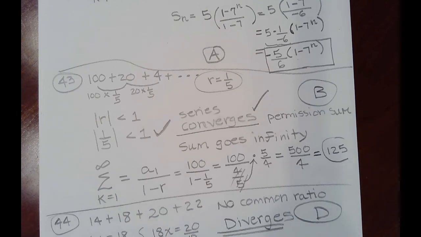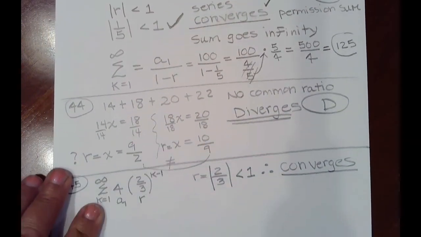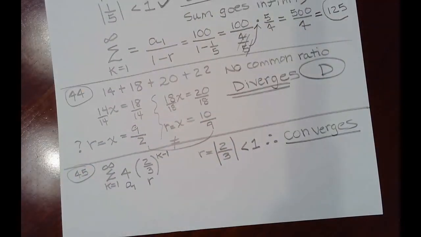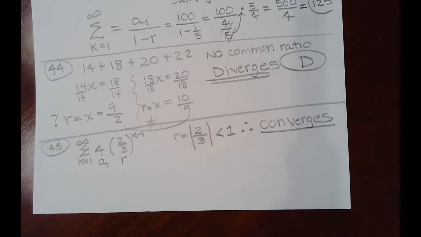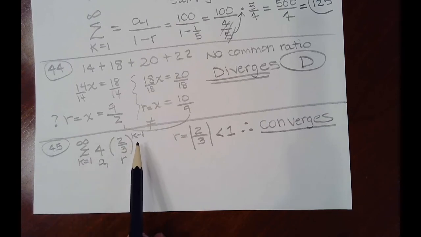And therefore, I have permission to find the sum. Sorry, I didn't let you see that. Let me scoop this up. This was number 45. This is how the problem started, that you're summing all the terms created through this geometric formula here.